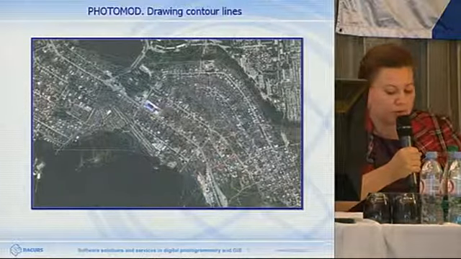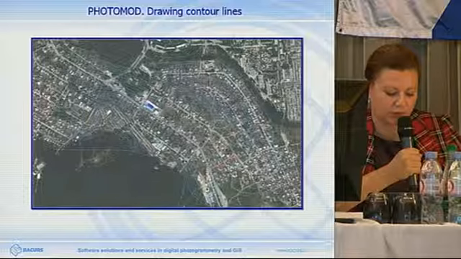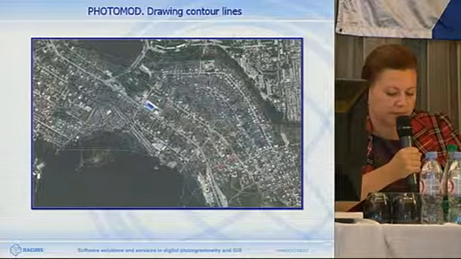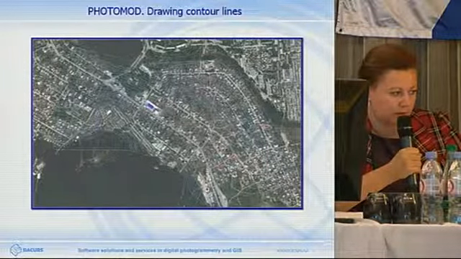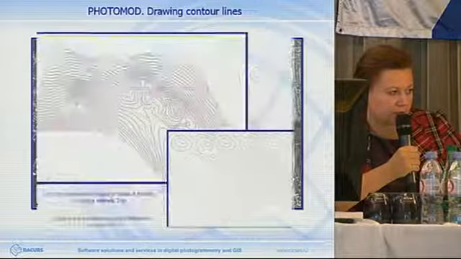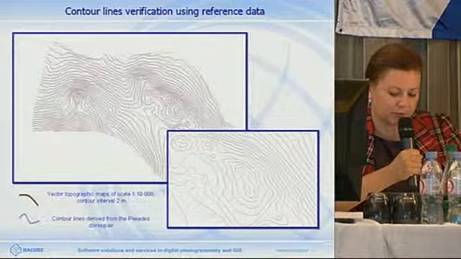For contour lines, we used an open area with private houses, and for full visual control, we drew contour lines manually. All the data received was checked against reference data.